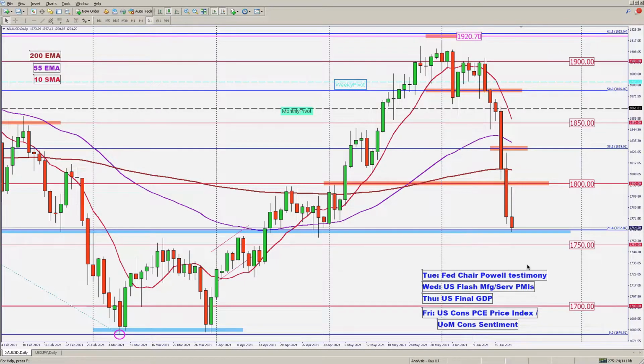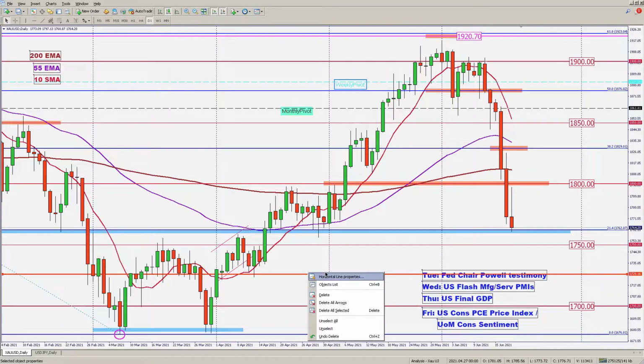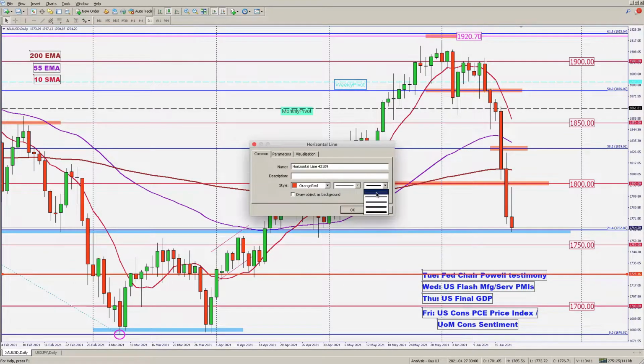And if it does sell off further, then it will target the round figure of 1700. But for now, let's identify the intermediate level here, at the 1725 area.